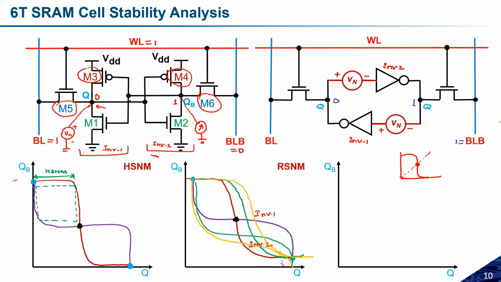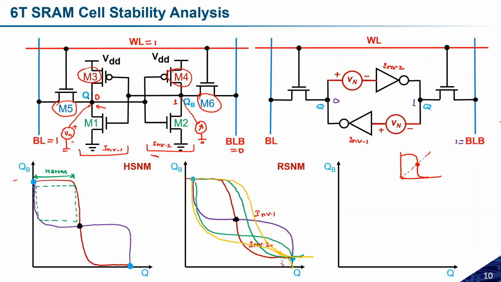So if the voltage divider pulls the Q and QB below the trip point voltage of inverter number 2, then a successful write operation can occur. The write ability of this SRAM cell can be calculated with the help of the write static noise margin. The write static noise margin is extracted by a combination of the read voltage transfer characteristics and the write voltage transfer characteristics, because we have two phenomena.